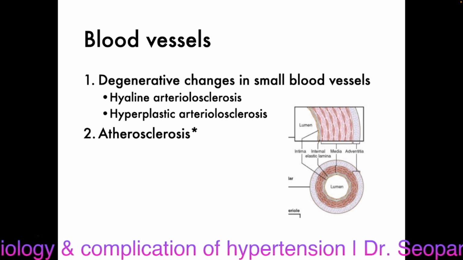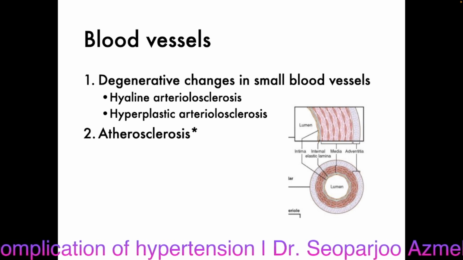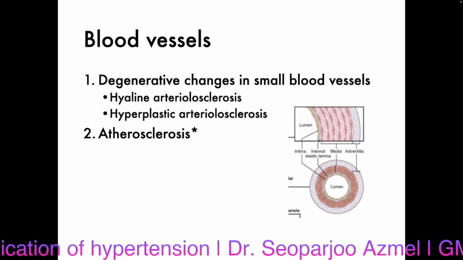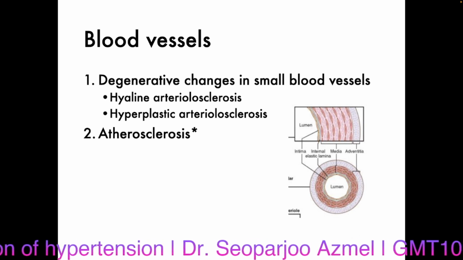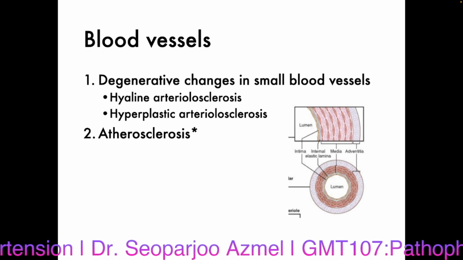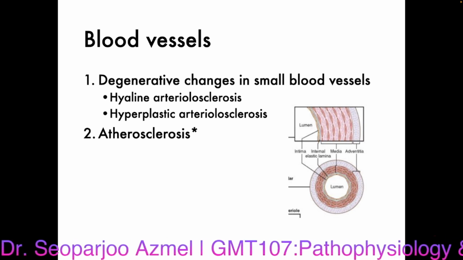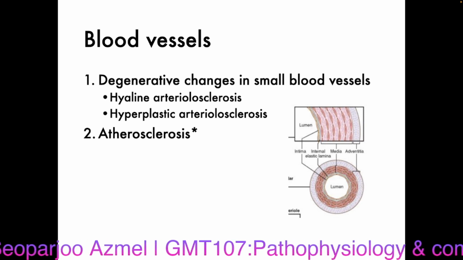I won't go into detail regarding atherosclerosis because I have given a lecture on that. You can look at the lecture notes and understand the mechanism and everything regarding atherosclerosis. Today we're going to concentrate on arteriolosclerosis.